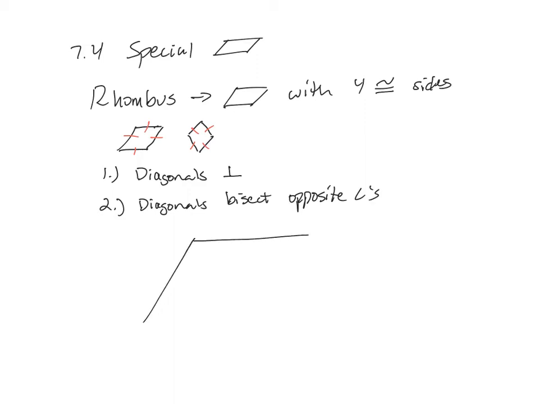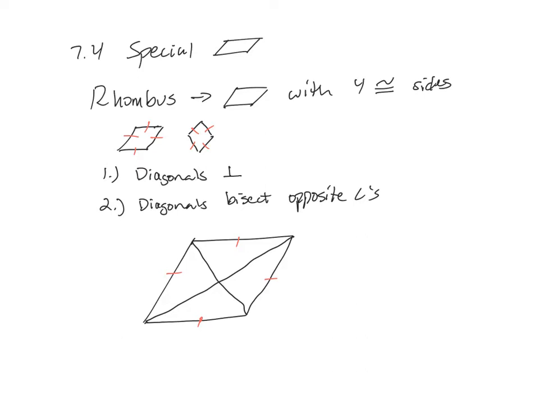So I'm going to draw this a little bit bigger to illustrate. Okay, so all 4 sides congruent. So what does that last one mean? Okay, so I have these diagonals.